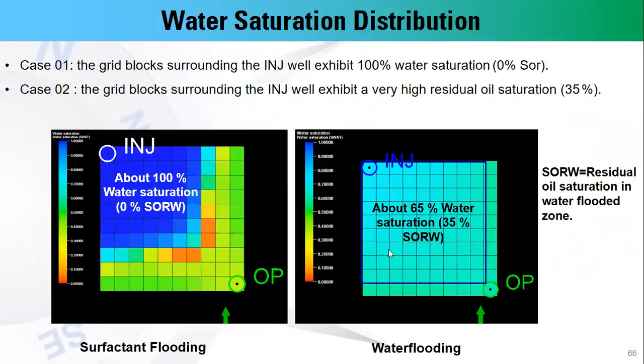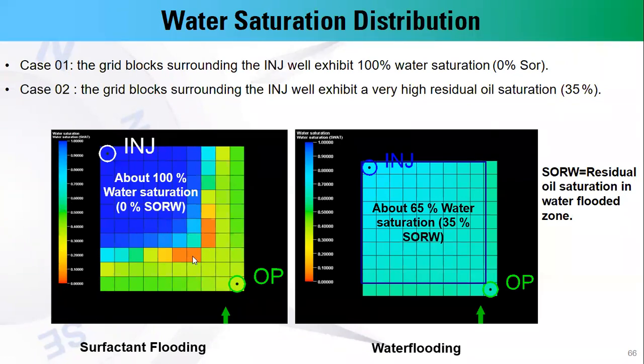For water saturation, as you can see, this is the comparison between the two cases. In case one, this is the injector and this is the producer, and the grid cells are around the injection well. This is the color scale of water saturation.